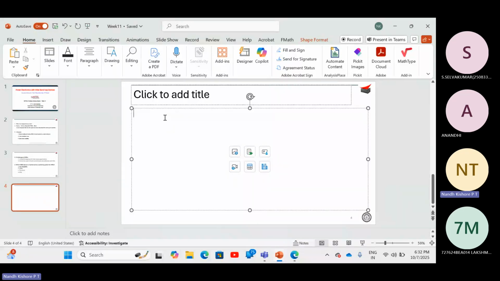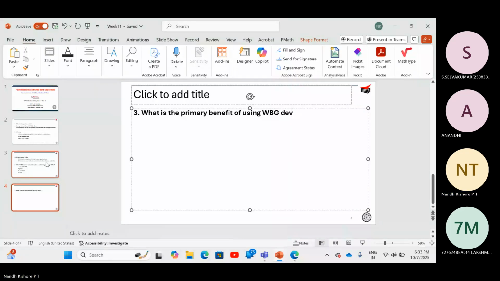So next question would be, what is the primary benefit of using WBG devices in IMDs?